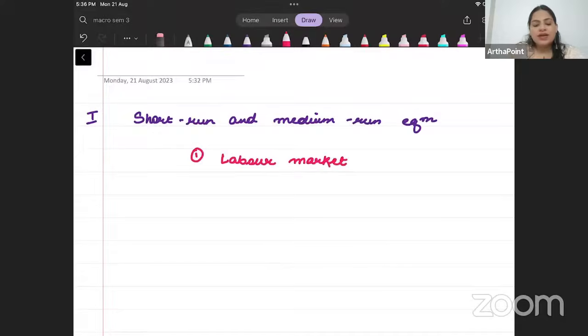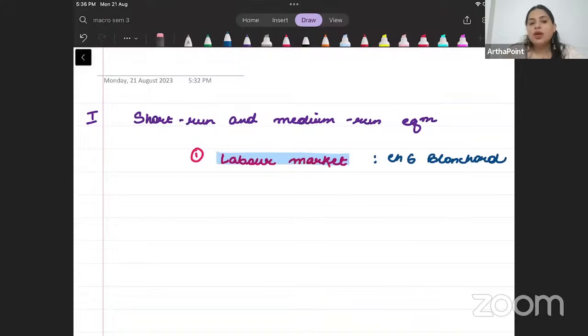In the labor market, there are various concepts that you want to understand. First, you want to understand what is unemployment. You want to understand how the wage setting relation works, how the price setting relation works. So all those concepts we will be covering in the labor market. This labor market you will be doing through chapter 6 of Blanchard.